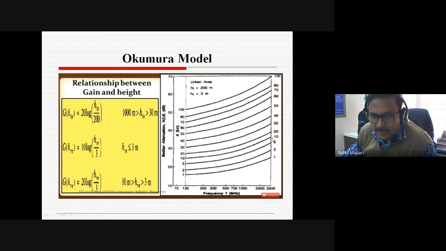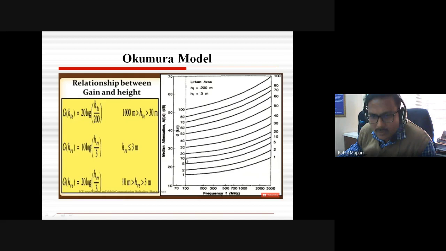Now it operates at a frequency of 500 megahertz. Consider this as 500 megahertz, and you can draw a straight line like this.